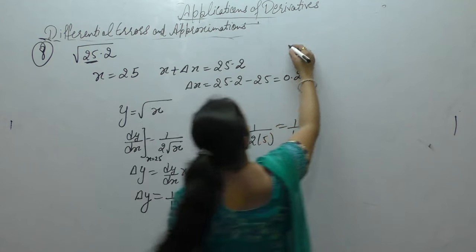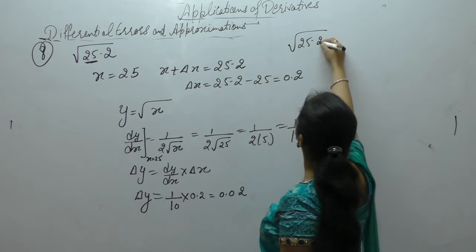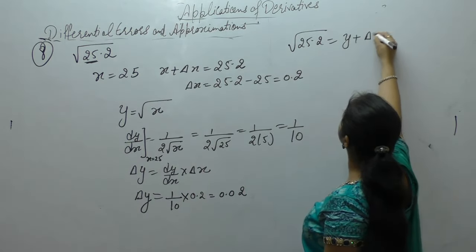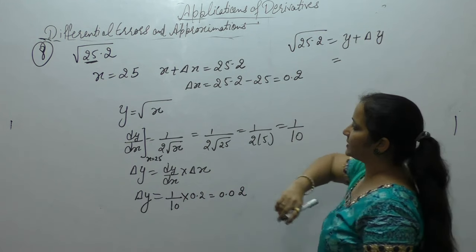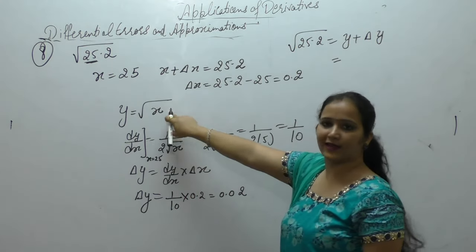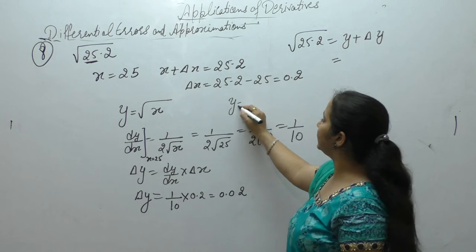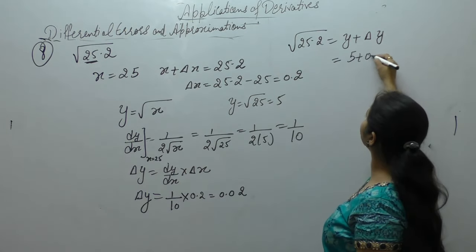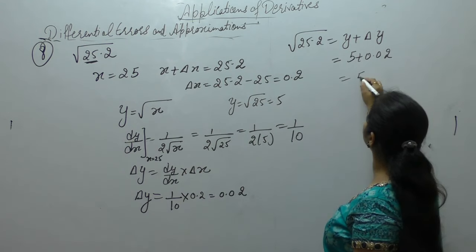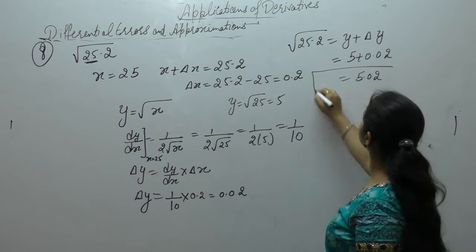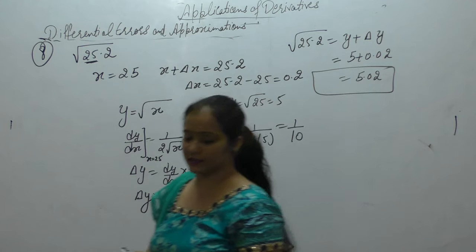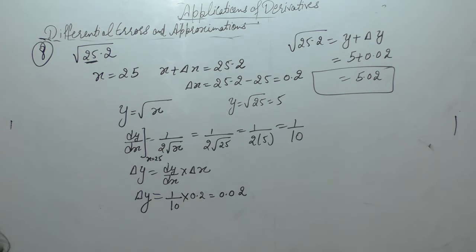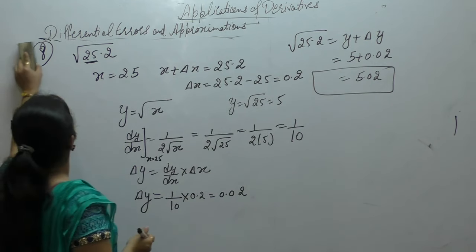Now square root of 25.2 is y plus delta y. What is y? y is square root of x, and x is 25, so y is 5. And delta y is 0.02. So that is equal to 5.02. Clear? Now next one.